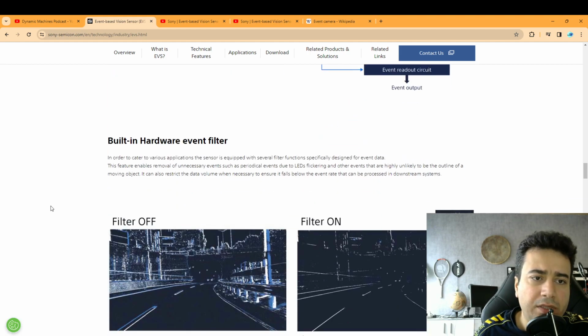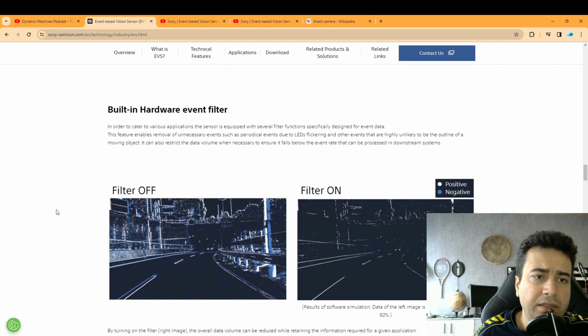This is also interesting: a built-in hardware event filter. Sometimes because of LED flickering in the EVS sensors, there is a need for a filter.